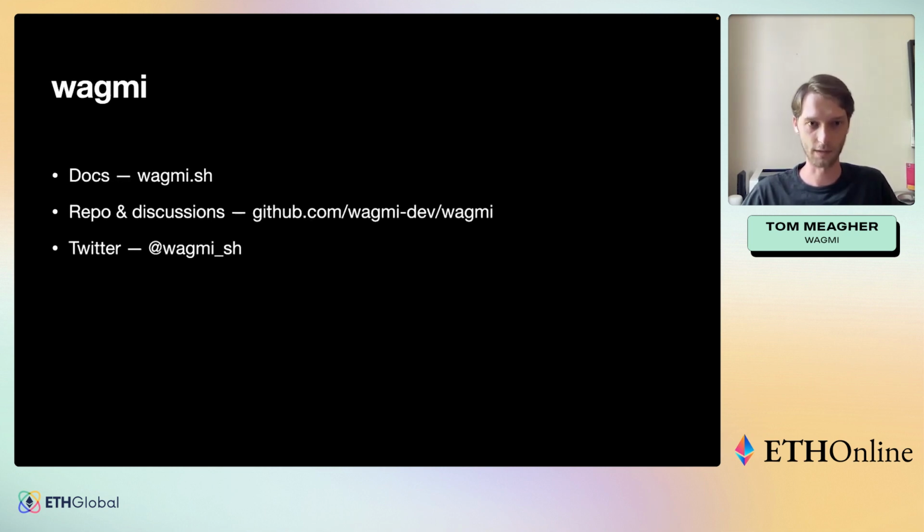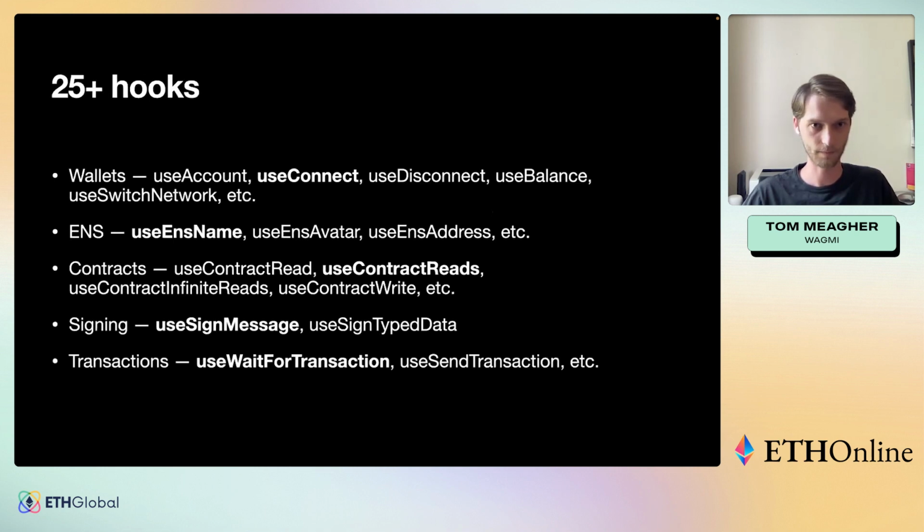Here are some quick links if you want to check it out as I'm discussing, or later: the doc site. We don't have a Discord. Everything is mostly done asynchronously on the GitHub repo, so you can check it out there or follow us on Twitter to get updates.